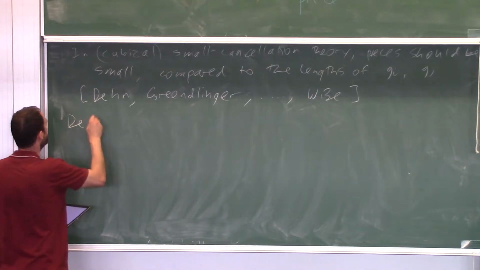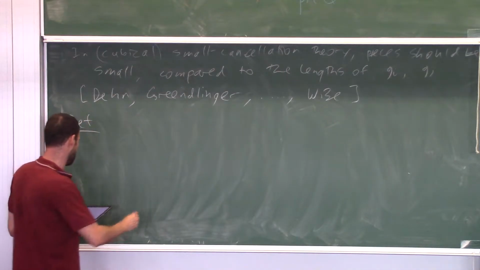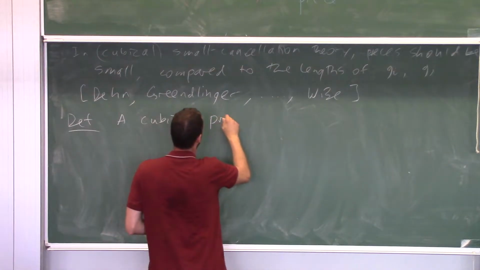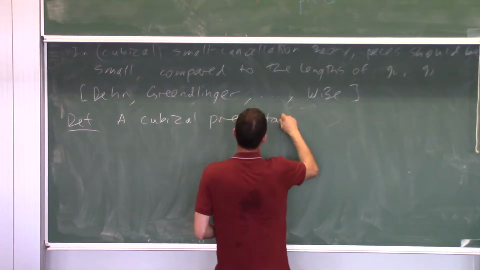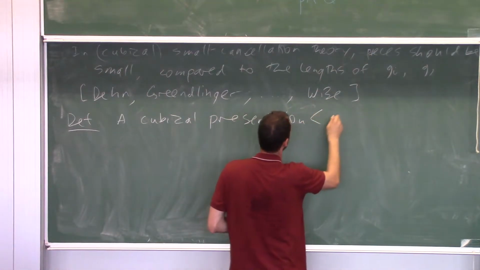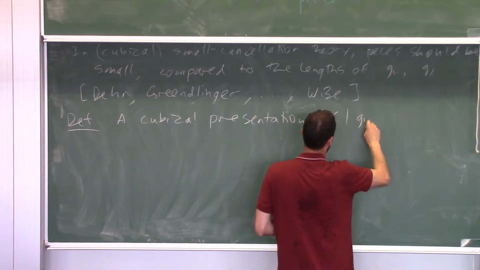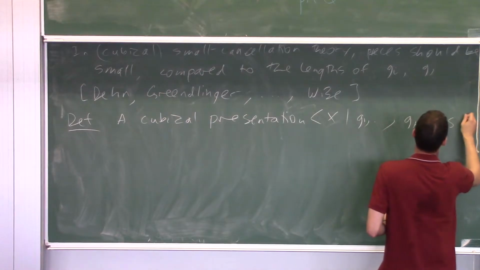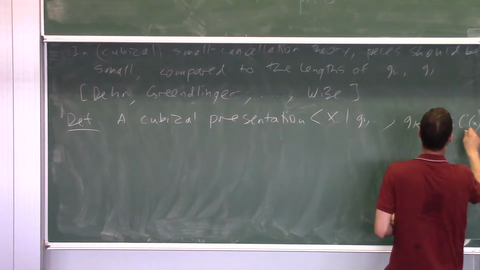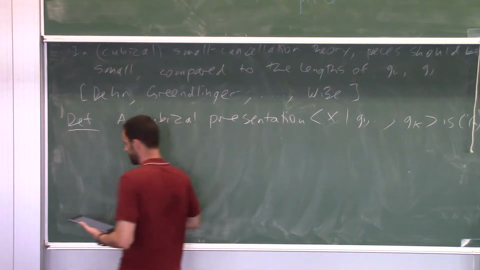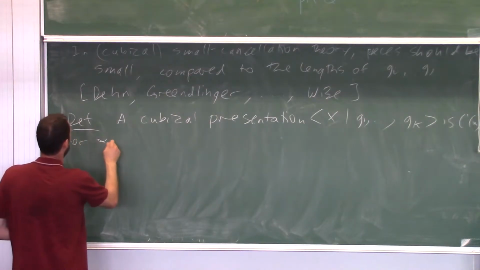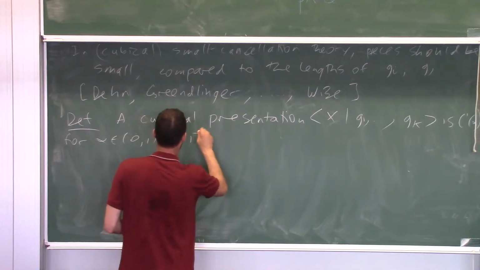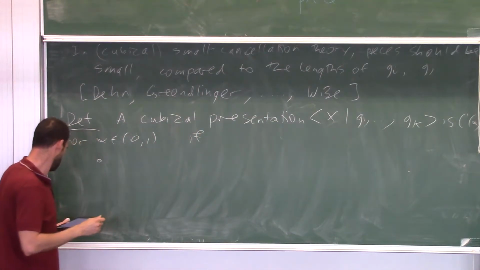So the precise definition is that a cubical presentation X with quotients G is C'(alpha), alpha in (0,1), if the following things hold.